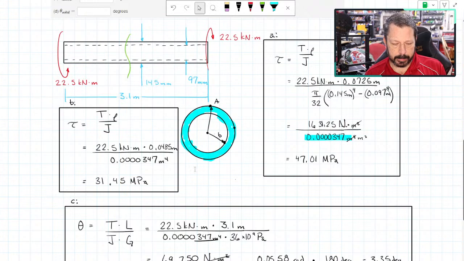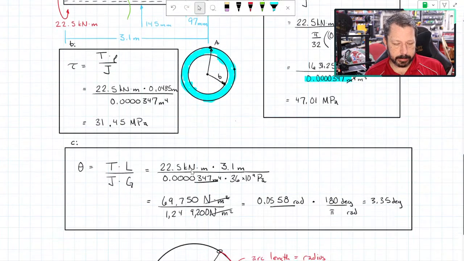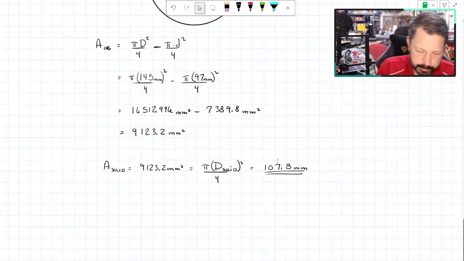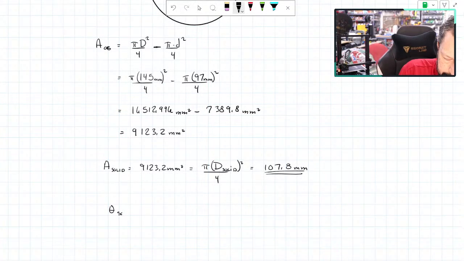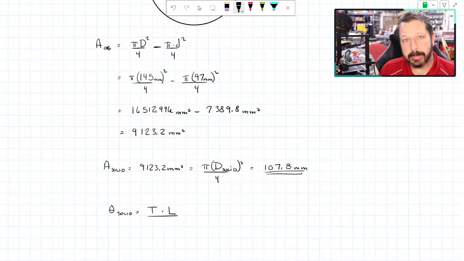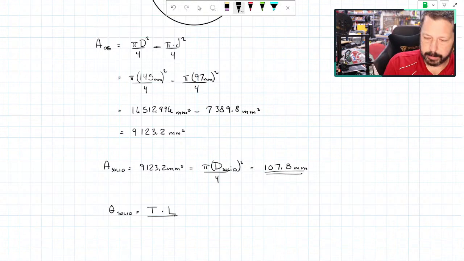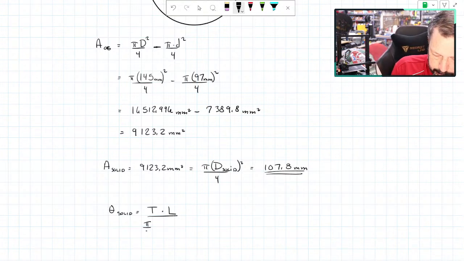So we can calculate our angle of twist using that number. Theta for a solid shaft equals, same torque applied, same length, but a different J, because now we have a different cross section. This one's solid, so J is pi over 32 times 107.8.